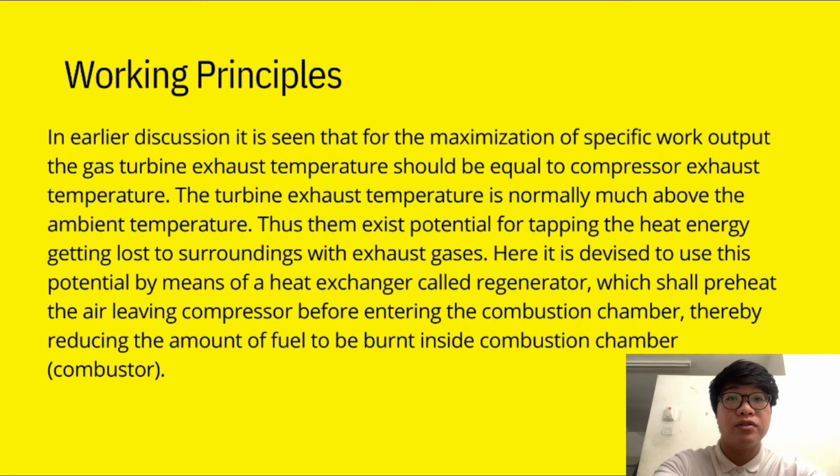Here it is devised to use this potential by means of a heat exchanger called a regenerator, which shall preheat the air leaving the compressor before entering the combustion chamber, thereby reducing the amount of fuel to be burned inside the combustor.